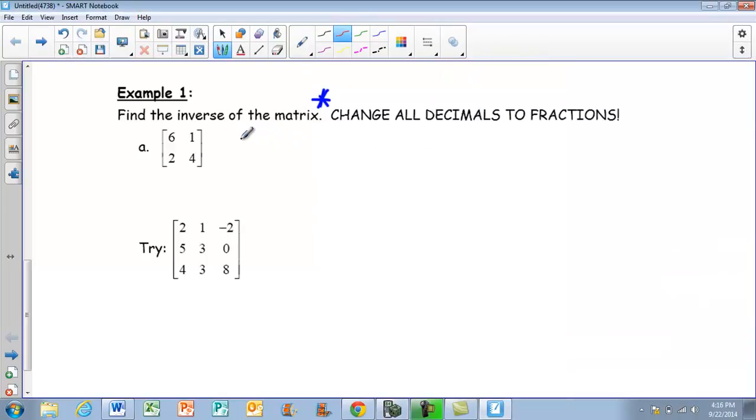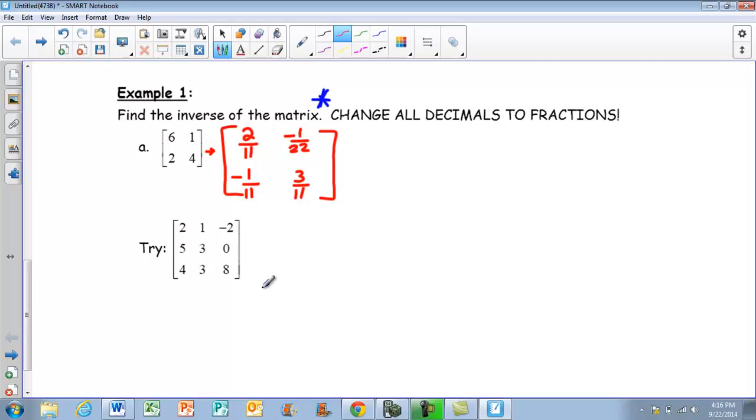I have 2/11, -1/11, my next one is -1/22, and then my fourth one here is 3/11. So this is the inverse of this matrix.